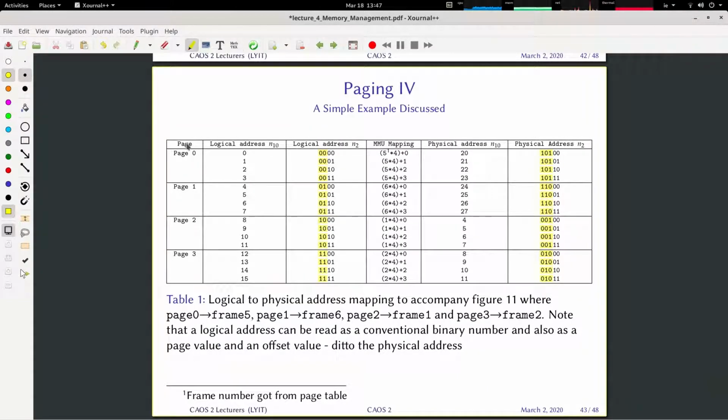You can see that the first three columns are related to the logical addresses for the process, given first in decimal numbers and then in binary numbers.